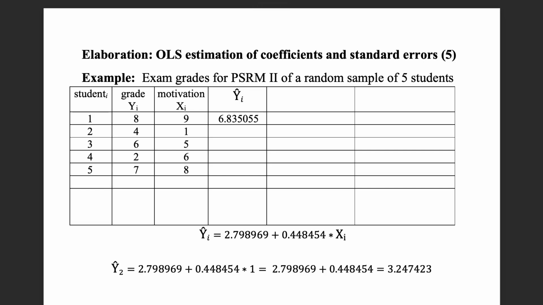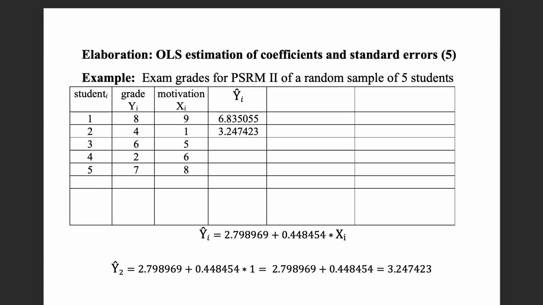In this case, the observed level of motivation was 1. So you just calculate 2.798969 plus 0.448454 times 1, which is of course just the same number. So we get 2.798969 plus 0.448454, our regression coefficient, and that works out to 3.247423.